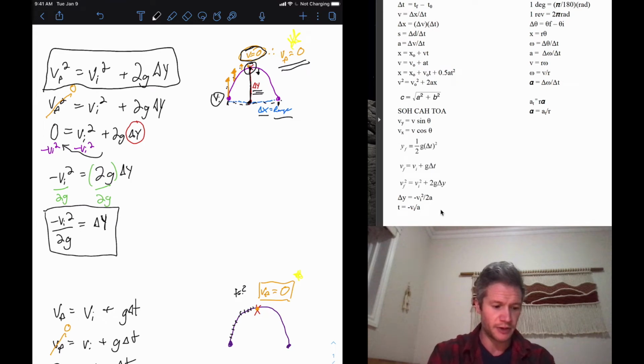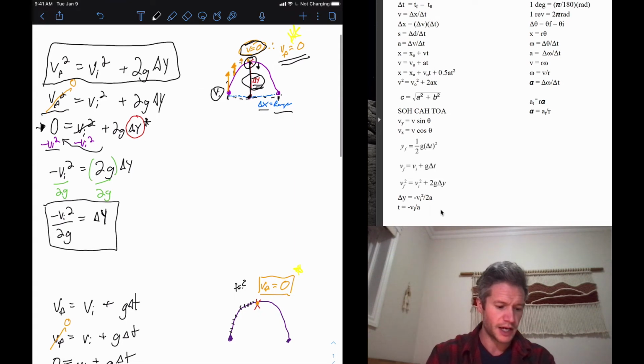So because of that, we can look back here at our equation now. We can see that we've zeroed out our final velocity here, so we can rewrite it to be this line here. And what we're ultimately trying to do is isolate, again, the change in vertical displacement, or delta y. So to do that, the first thing we're going to do is get rid of this by subtracting that from both sides. So then we see that we move that over here, and that's what we got here, written in the black.